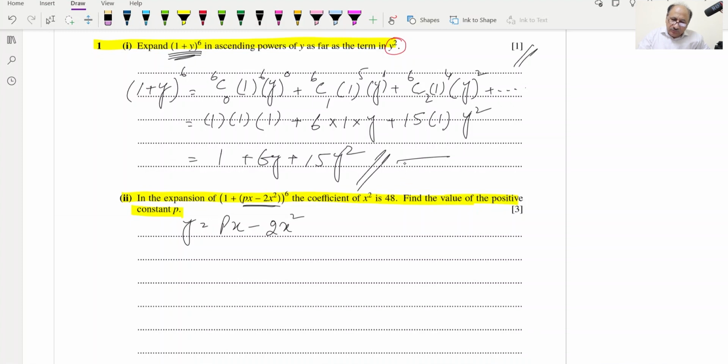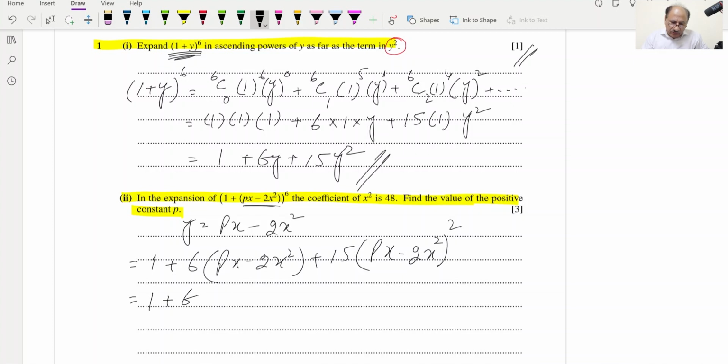So its expansion will be 1 + 6(px - 2x squared) + 15(px - 2x squared) whole squared. Now we can open this: 1 plus, multiplying 6 inside, 6px minus 12x squared.